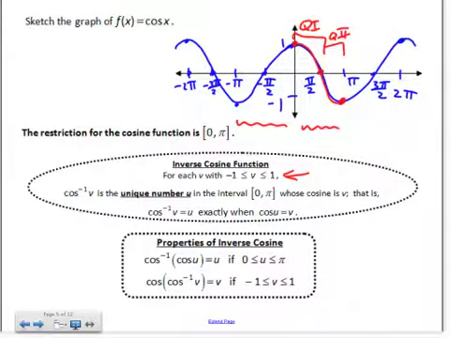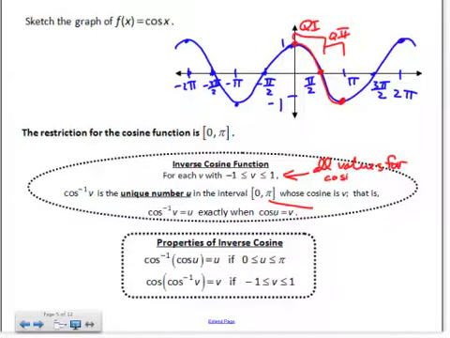Now, why are we using the positive ones and not the negative ones? The reason is that every single one of these intervals needs to include quadrant 1, because quadrant 1 is the spot where everything's positive. So in every situation, you're going to have quadrant 1 as part of your answers.